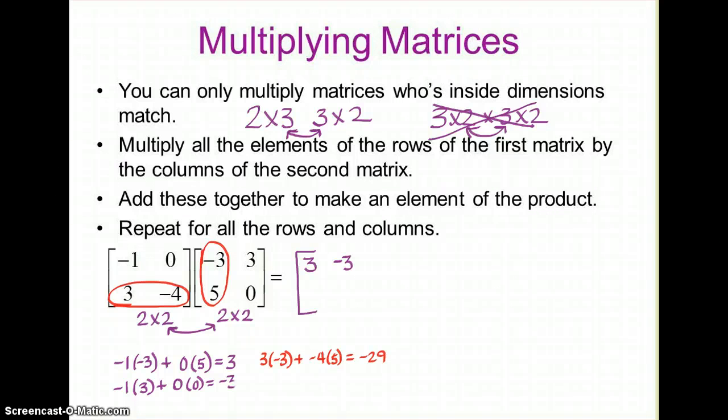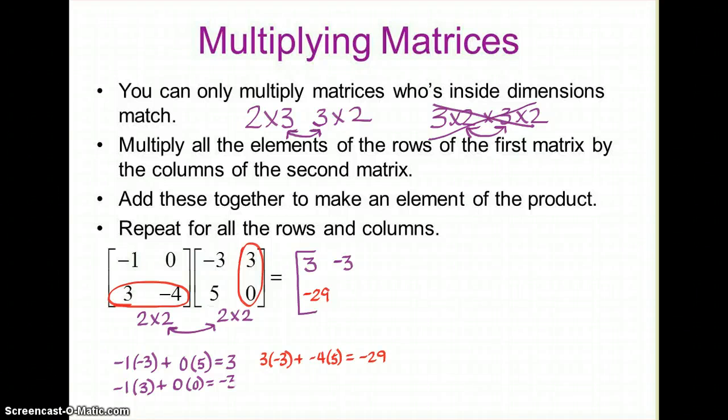Since that came from row 2, column 1, I find row 2, column 1 in my product matrix and put -29. Let's finish this up with the last element, which is the second row again, this time with the second column.